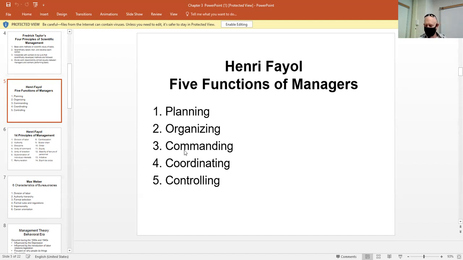Commanding. What would commanding be? That's a strong word, isn't it? I wanted to see what it says in here for the actual word commanding, because that's pretty strong.